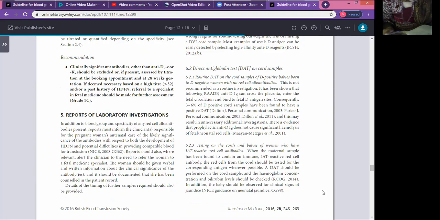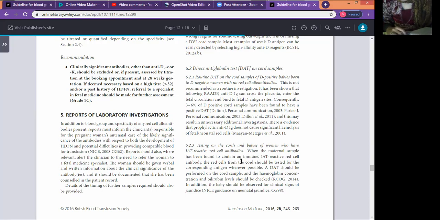Now, testing of cord blood and babies of women who have IAT reactive red cell antibodies: when the maternal sample has been found to contain an immune IAT reactive red cell antibody, the red cells from the cord should be tested for the corresponding antigen wherever possible. So not only do we do ABO and D typing, but also a DAT, along with the hemoglobin, LDH and bilirubin. If the DAT is positive, we need to rule out whether it was a hemolytic immune antibody or not.